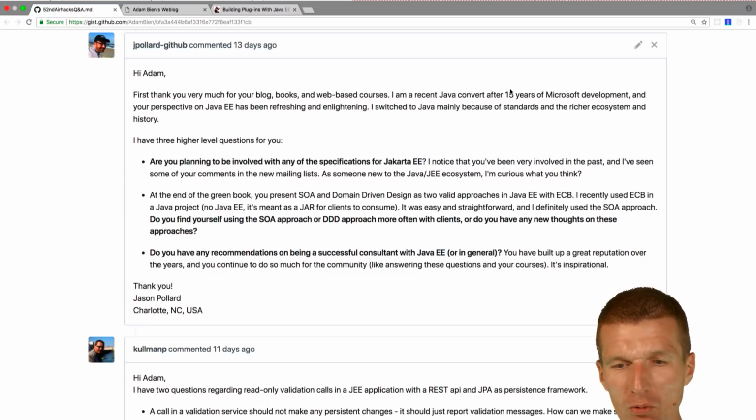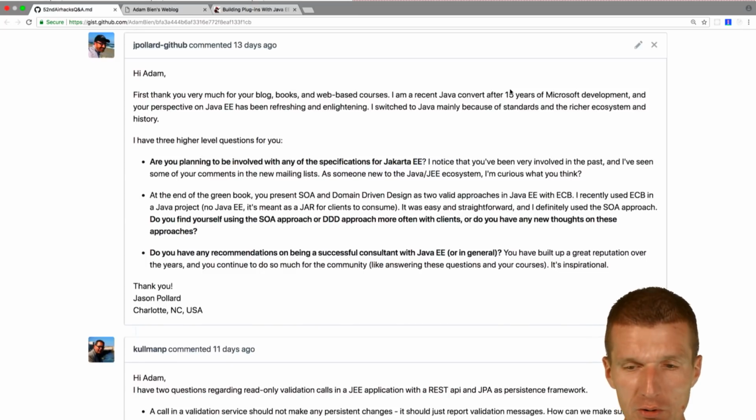So if you would convert from Microsoft to Java 10 years ago or 5 years ago, it would be understandable. But right now, I'm glad that you converted, but I really like Microsoft right now. So, your perspective on Java is refreshing and enlightening.